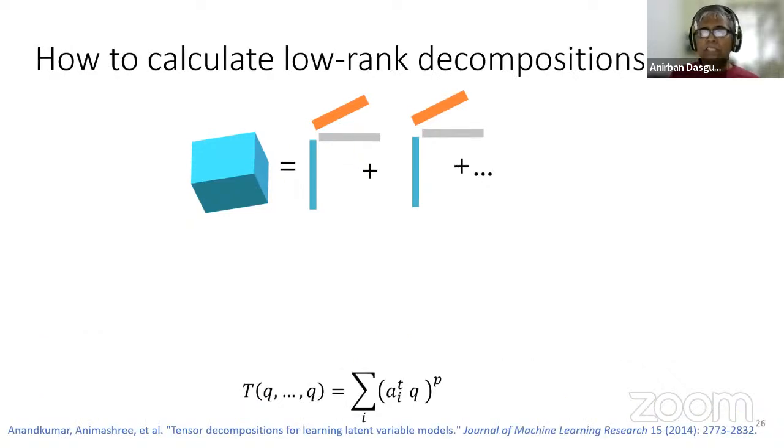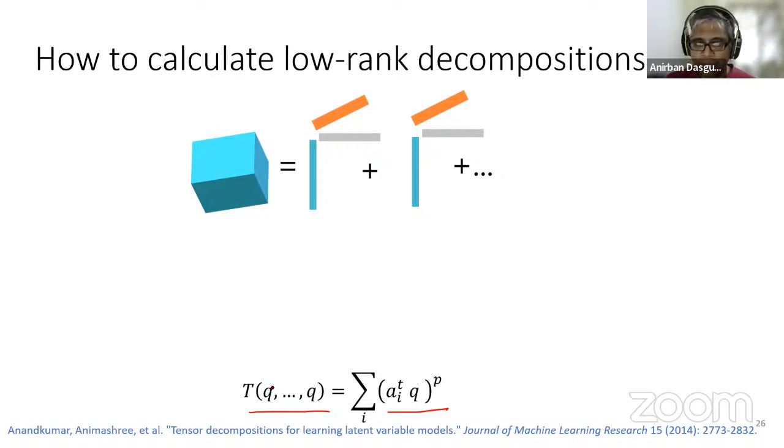So how do I calculate this? The way to calculate this is very similar to the way you would calculate a matrix's eigenvalue decomposition. What you do is you define a sort of product of a vector Q with the tensor.